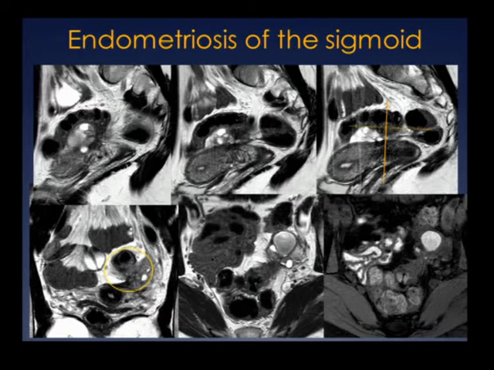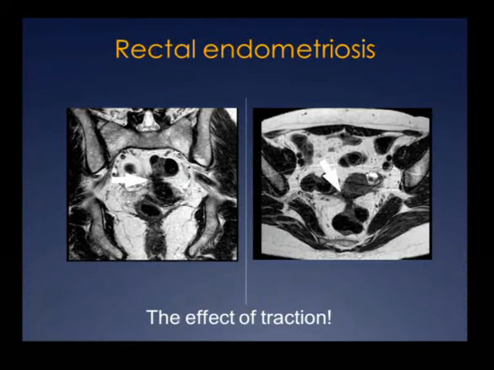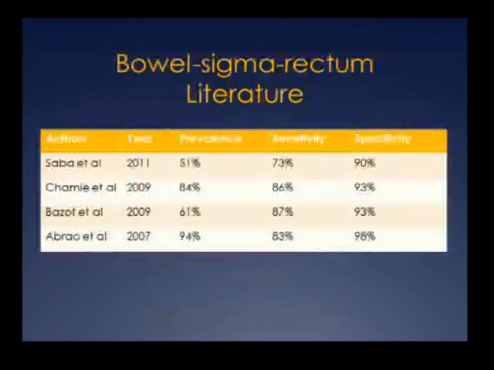This additional plane and this one very big nodule by MRI. And the same way we can see by ultrasonography, the traction of the different organs is a very typical sign of deep endometriosis.